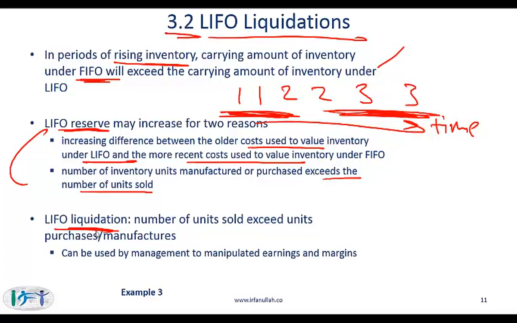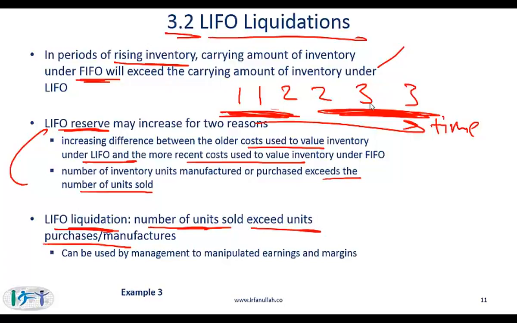If you have a situation where the number of units sold exceeds units purchased or manufactured, then you have LIFO liquidation. Now coming back to this scenario, a company is using LIFO and the units being sold exceeds the units being purchased or manufactured.